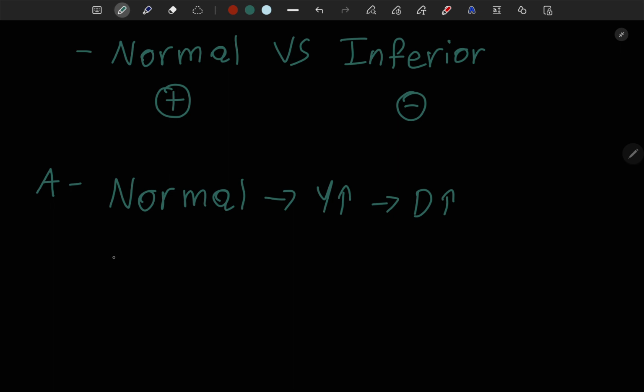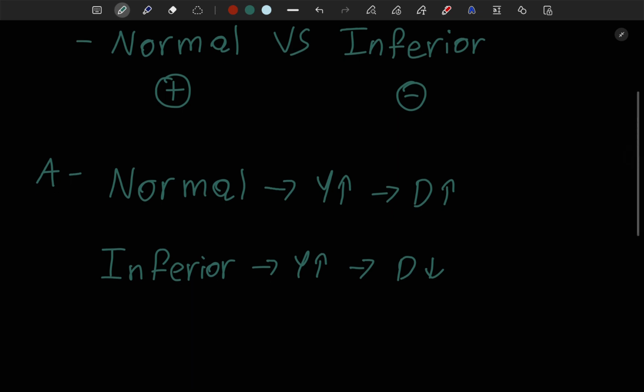That is why it is positive. And for inferior, when income rises, the demand falls. So this is one thing that you must remember.